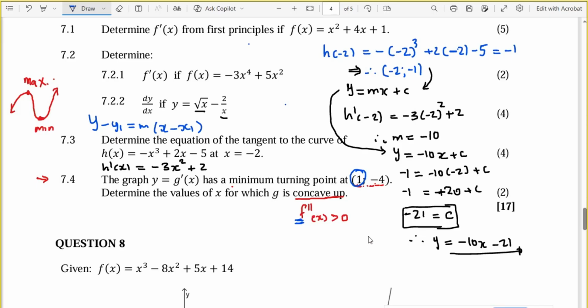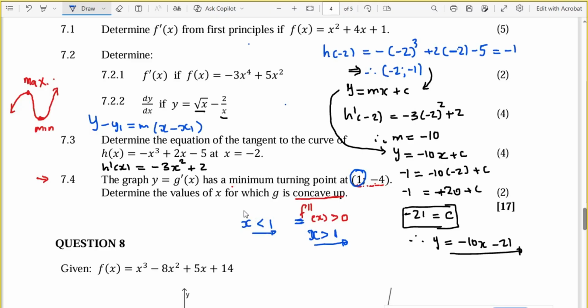So when they say it has the minimum turning point at that point, and they say for which values of x is the graph concave up, you need to take the x value, which is 1. So x must be greater than that 1. That's the answer. And when they say the graph is concave down, x must be less than that 1.